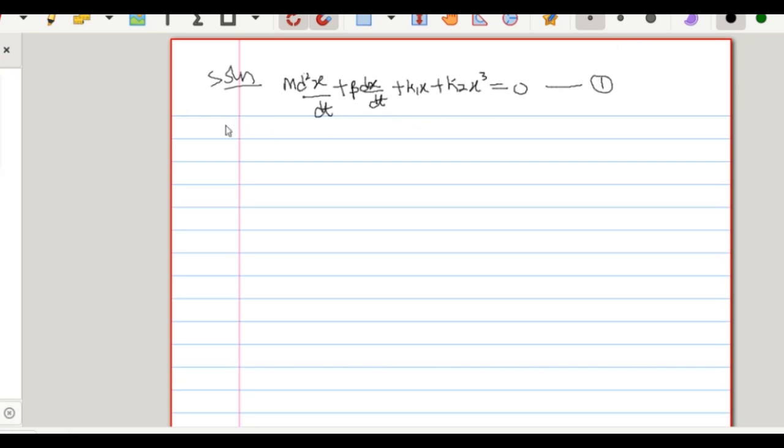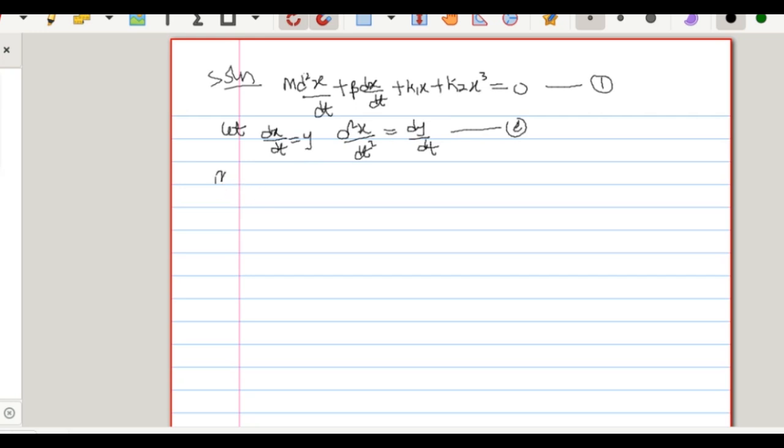Here let's put dx over dt to be equal to y. So if dx over dt is equal to y, then d squared x over dt squared will be equal to dy upon dt. Let's call this equation 2.